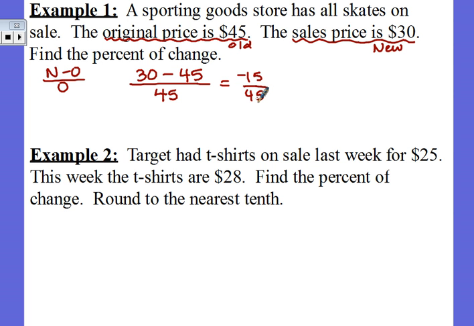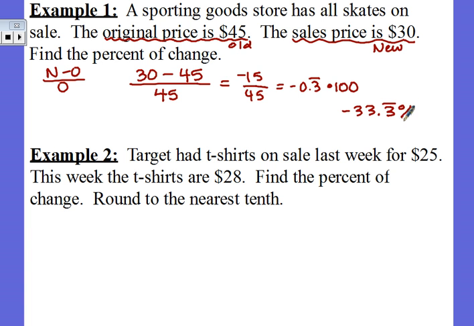We use that as division, so we do negative 15 divided by 45, and we get negative 0.3 repeating. Don't clear that out of your calculator until you then multiply by 100, because remember, you can't type in a repeating number.